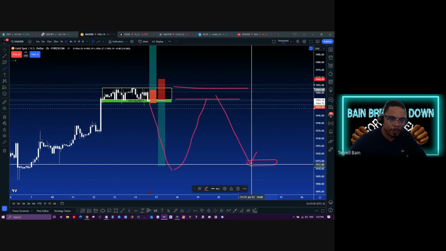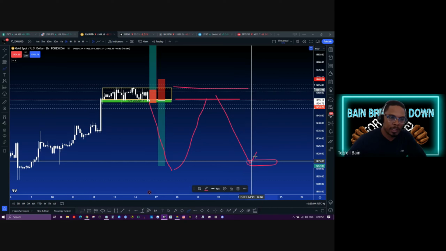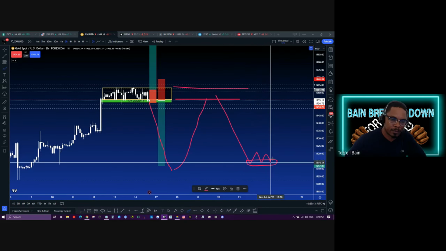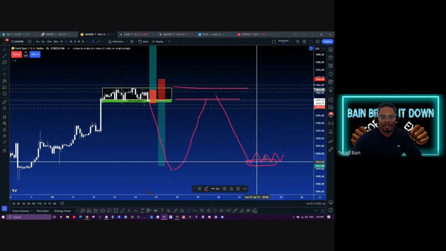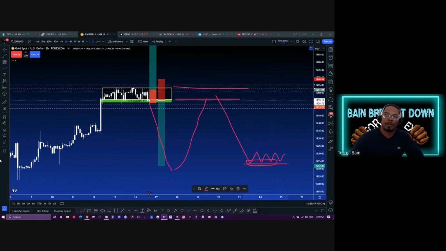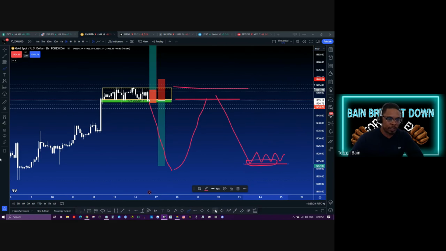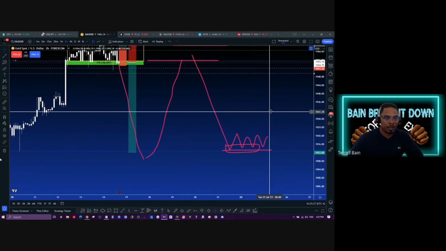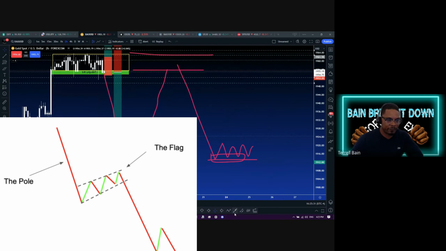So here, he's going to say, I think this is demand because he sees the V shape. But then he's going to start seeing price do one of these, and he's going to know, that is just a support area. Now here, I didn't do this on purpose, but I drew one of the chart patterns you'll get from time to time, which is a bearish flag.